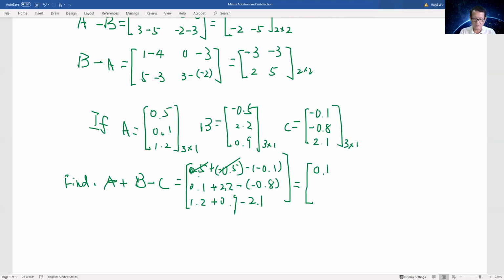So 2.3 plus 0.8 will be 3.1. And lastly, 1.2 plus 0.9 is 2.1, and 2.1 take away 2.1 is 0. So the answer, you can see, still has 3 rows and 1 column, so the same dimension.